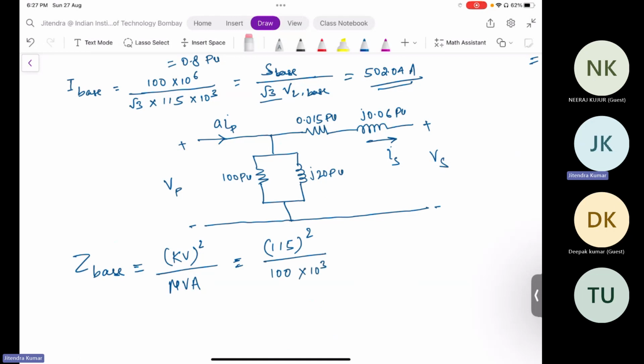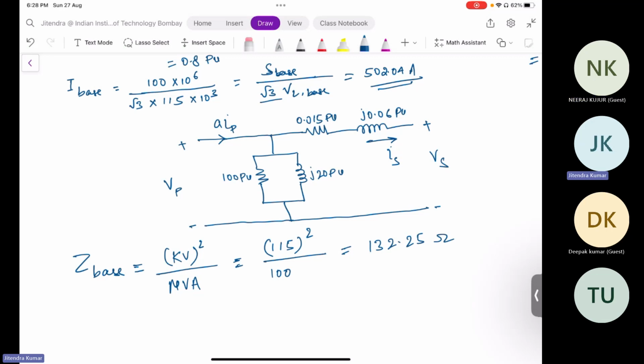So it will come out to be how much? Sir, 132.25. 132.25 ohm, right?